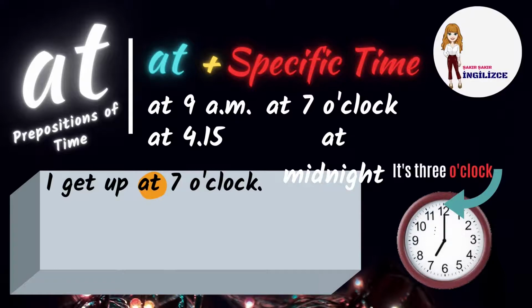What does o'clock mean? O'clock is used when there are no minutes, when the big hand or minute hand is on number 12. The clock here shows 7 o'clock, o'clock because there are no minutes.